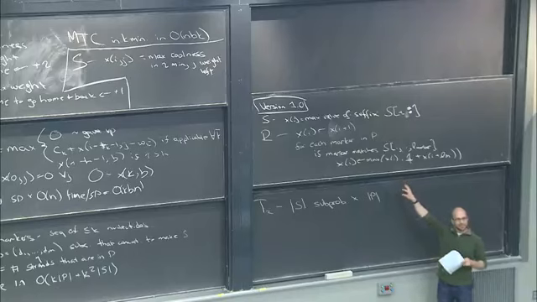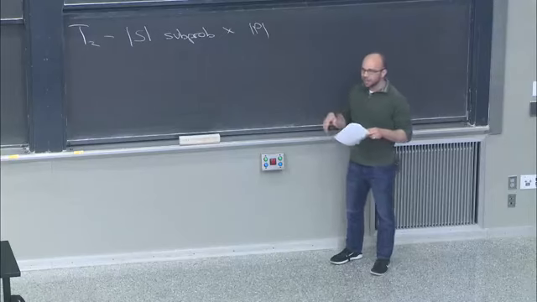But how do I check if strings are equal? Well, I have to iterate over the length of the string. So I incur a second cost, which is checking if two strings are equal. We know that our strings are at most length k. So I incur another factor of k in every one of my subproblems.